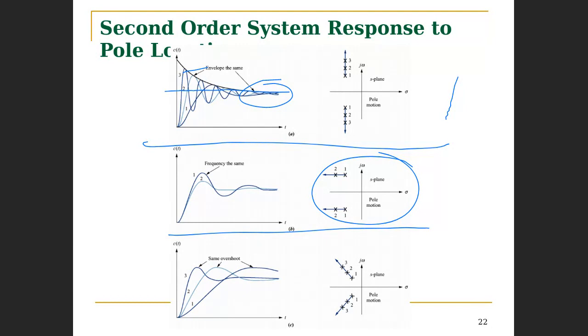They are being reflected to the y-axis. Let's focus here. What is happening to the poles? The poles have real and imaginary parts. What is changing in the pole?